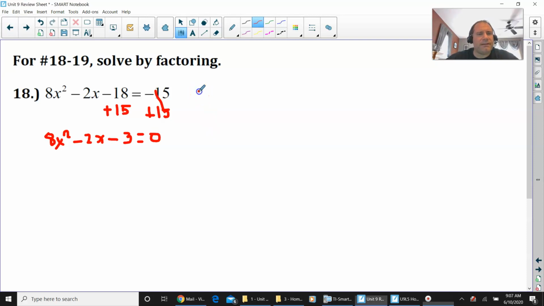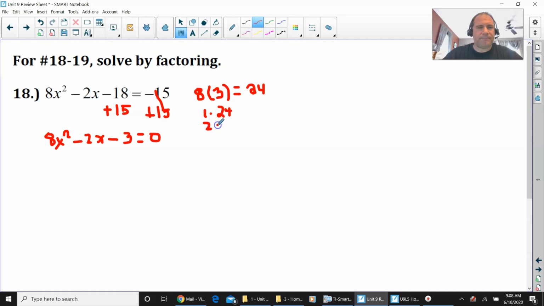Remember, when you're doing this method, you have 8 times 3. Taking A and multiplying it by the C in this case, and you're looking for two numbers that multiply to 24 and that add or subtract to negative 2. So we're going to start with 1 times 24. No good. 2 times 12.